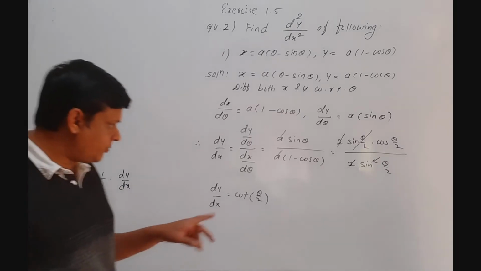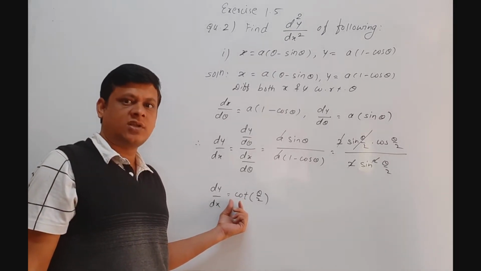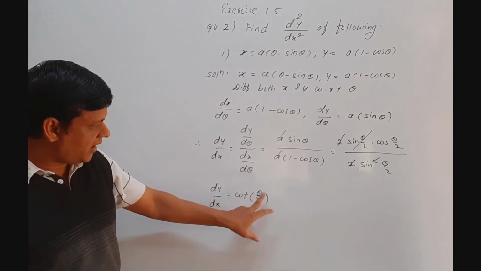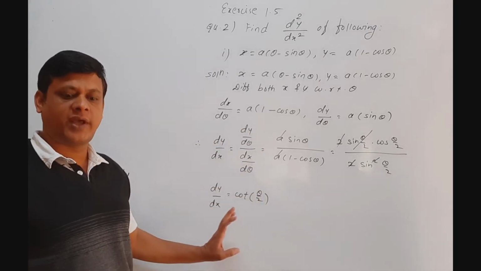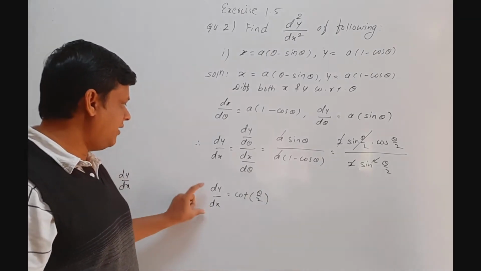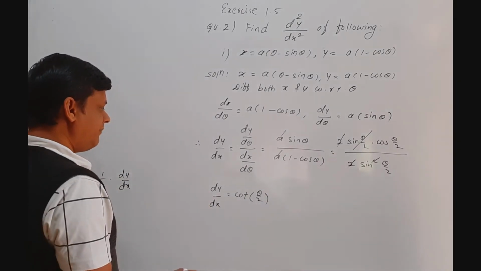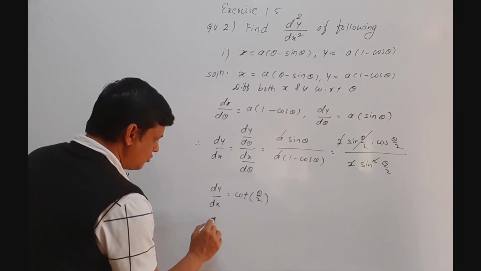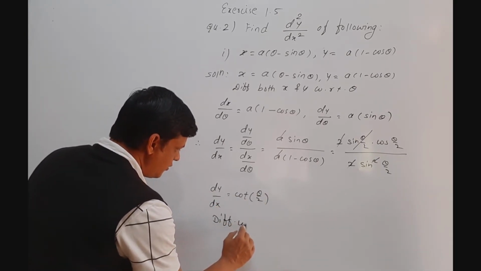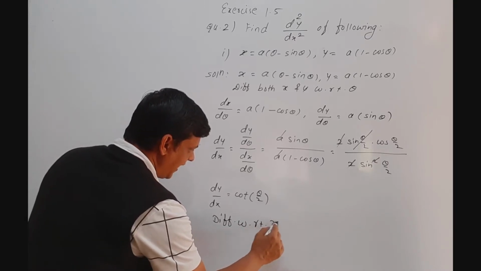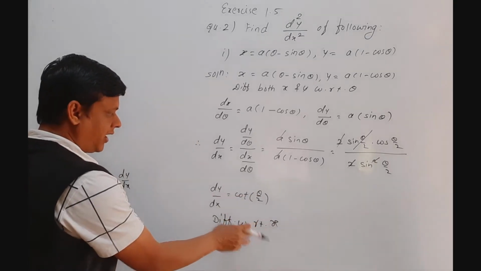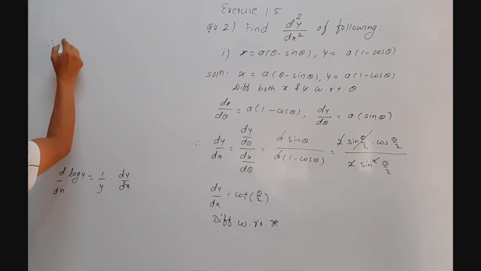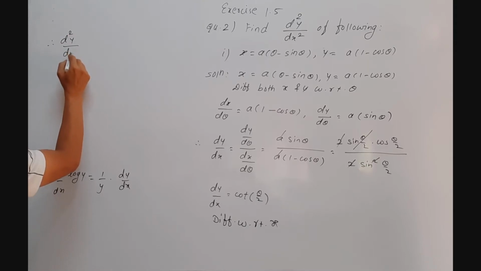Here also we have to find the derivative of the outer function first with respect to x, then we have to find the derivative of this theta with respect to x. So see here how to write the derivative of dy by dx with respect to x and the derivative of cot theta by 2. So right here, differentiate with respect to x, not with respect to theta. So we write the derivative of dy by dx with respect to x as d2y by dx2.